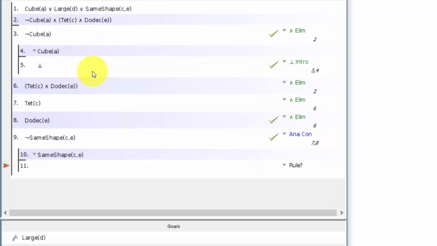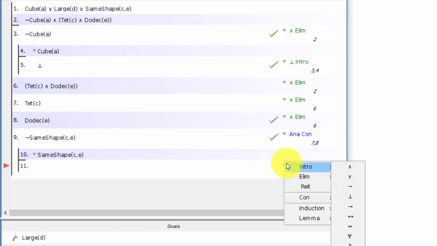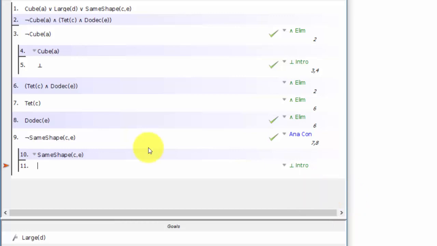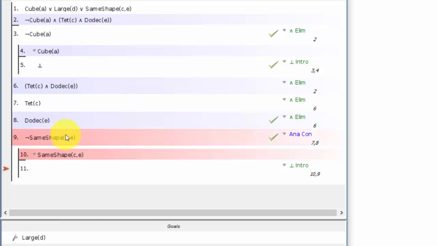And in the same way as up here, we got a contradiction. We're going to get a contradiction here from 9 and 10. So we use contradiction introduction. We have P and not the case P as our form.